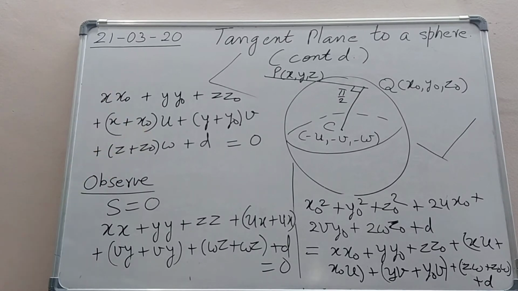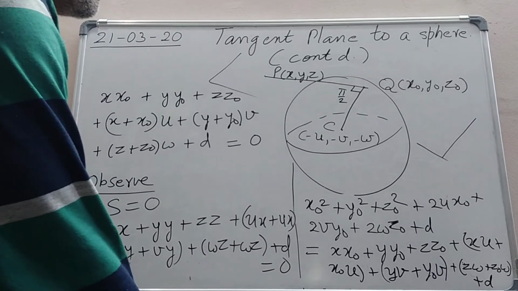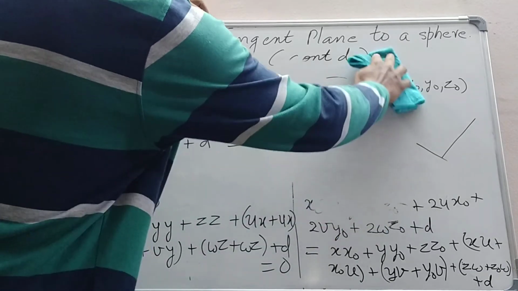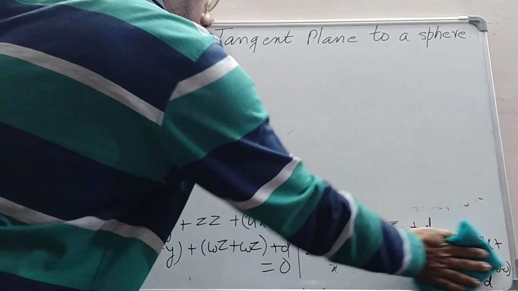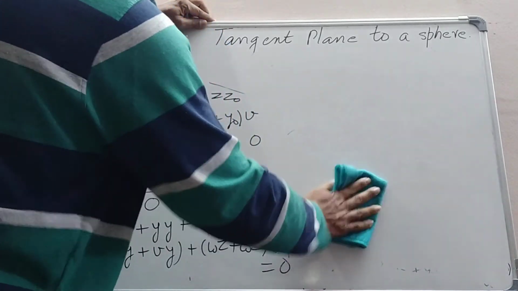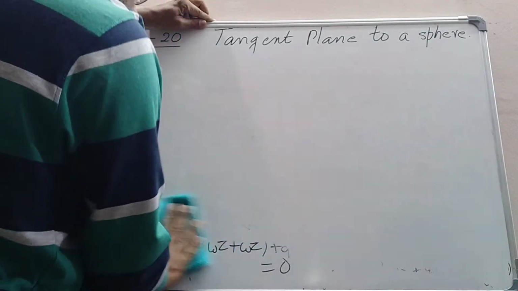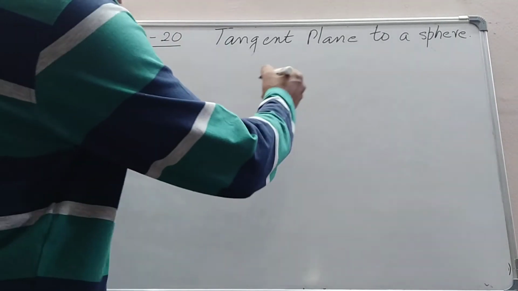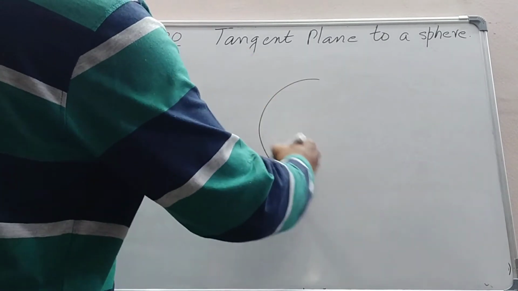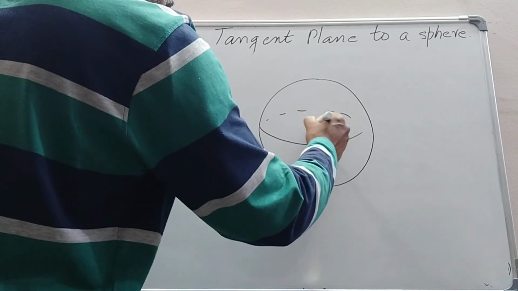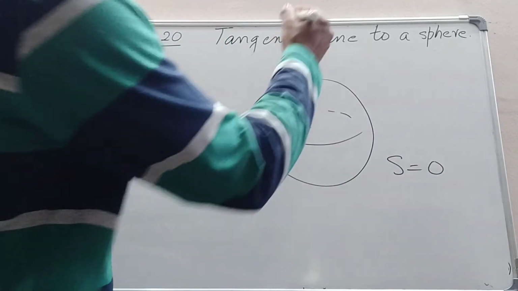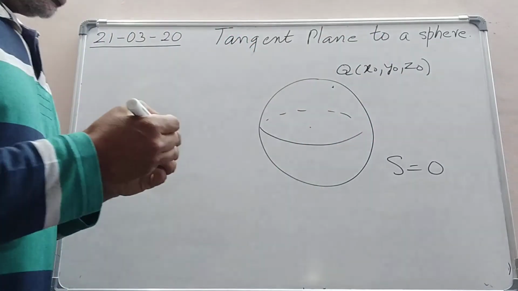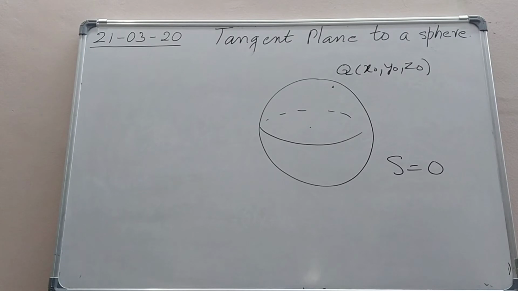Now I will quickly discuss the tangent line. I have the sphere S equal to 0 and I fix a point Q (x naught, y naught, z naught), and I want to find the tangent line at this particular point.